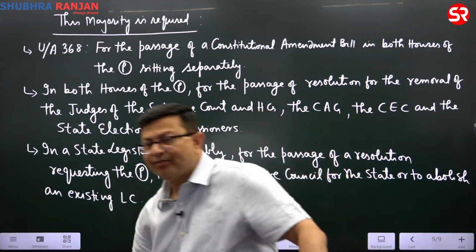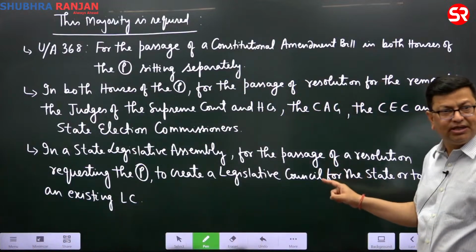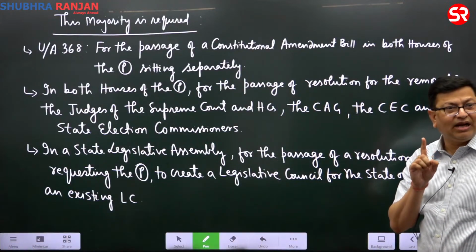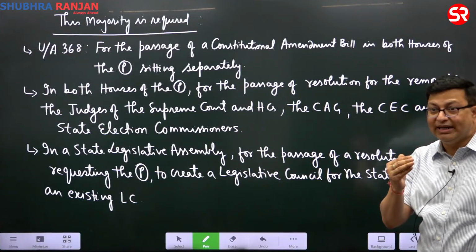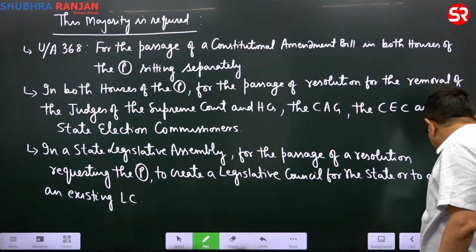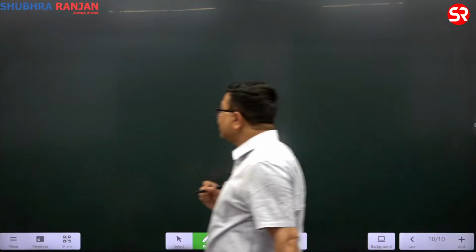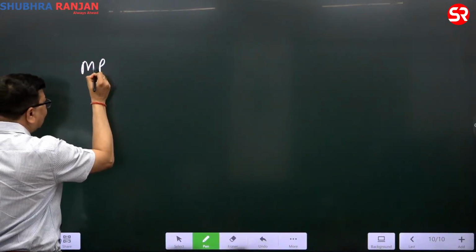Basically, you say that for the creation or abolition of the legislative council in a state, the state legislative assembly will have to take the initiative. For example, suppose a legislative council is to be created in Madhya Pradesh.